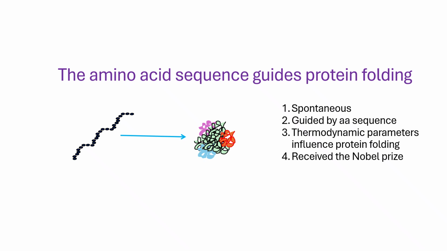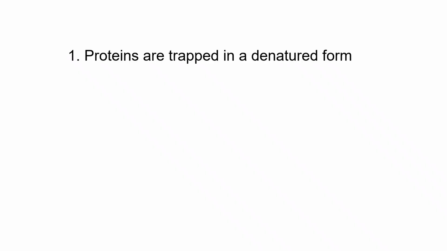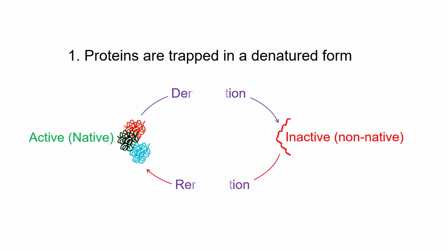We will review these one by one to identify whether they are relevant in the case of other proteins or enzymes available in our cell. So this is the scheme of his experimentation, in which he used RNase in its active state, which is the native or folded conformation. When he denatured it, it turned into a non-native and inactive state.